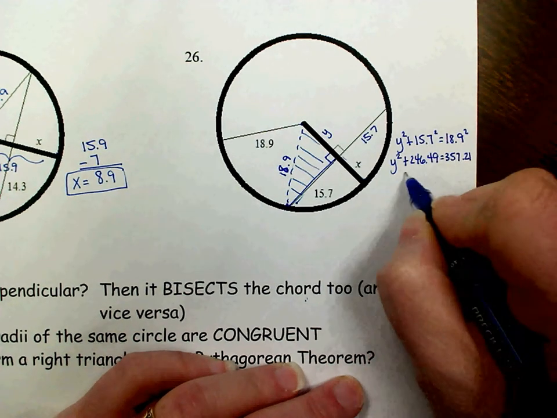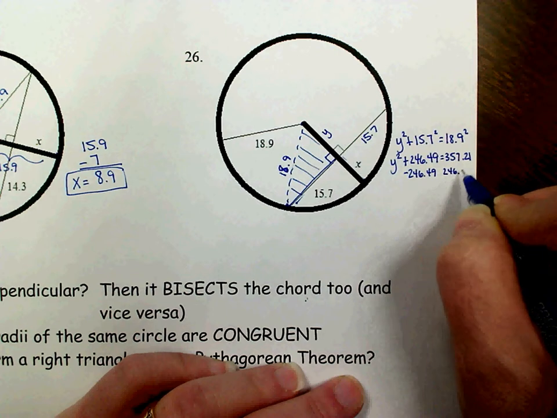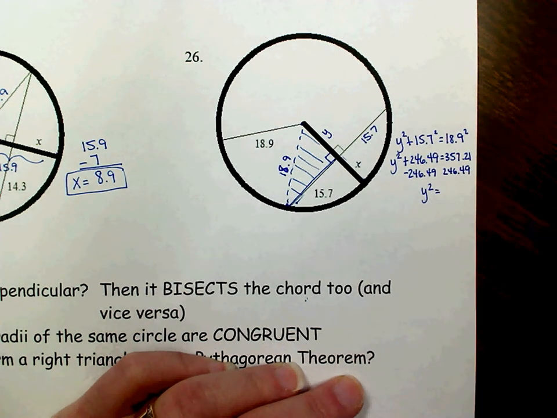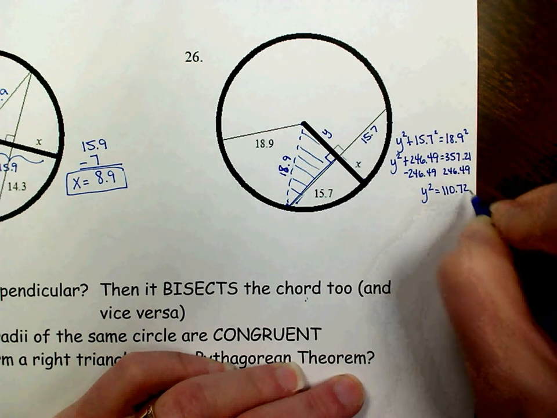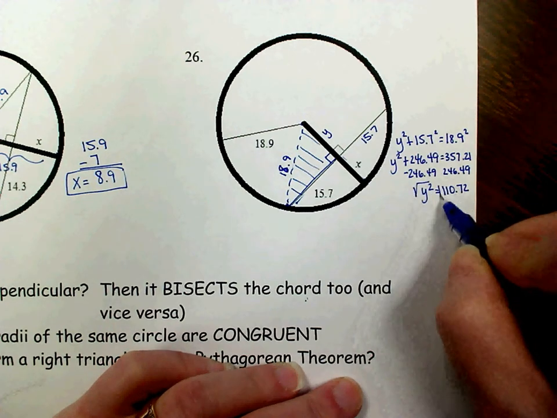So subtracting the 246.49 from both sides gives me y squared equals 110.72. So we know to undo the squaring, we take the square root. So we would take the square root of both sides.